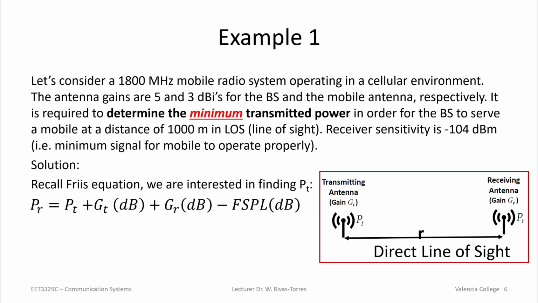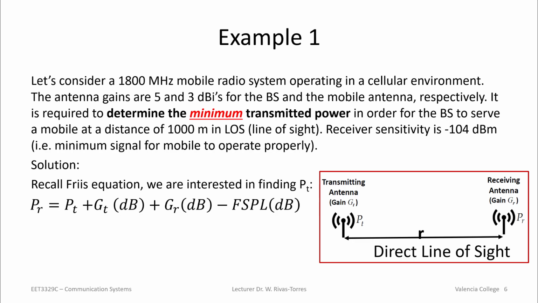So it is required to determine the minimum transmitted power in order for the base station to serve a mobile that's 1,000 meters away, but it is in line of sight, meaning that, like we mentioned in the first lecture, there's no obstruction, nothing in between to block the signal. Now, receiver sensitivity is the minimum signal for your mobile to operate correctly. We're saying that it's minus 104 dBm, which is a fairly weak signal.